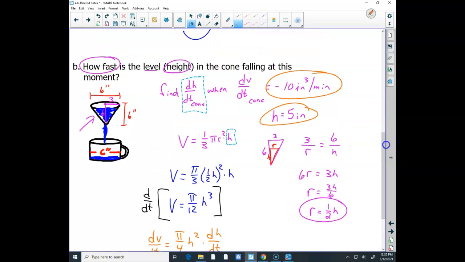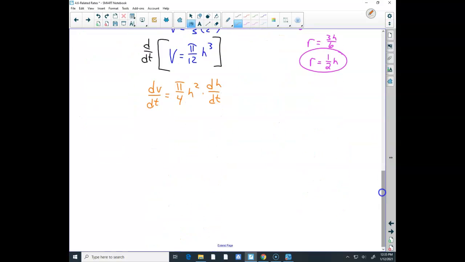Negative 10 cubic inches per minute. So I'm going to come down and plug that in. I'm going to say negative 10 cubic inches per minute equals pi over 4 times 5 squared times dh/dt, which really gives me 25 pi over 4 times dh/dt.